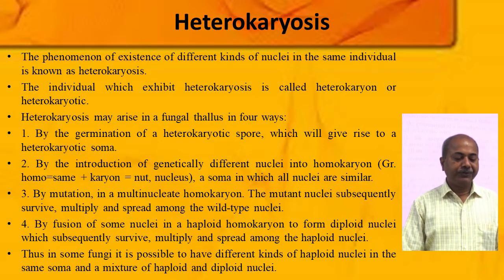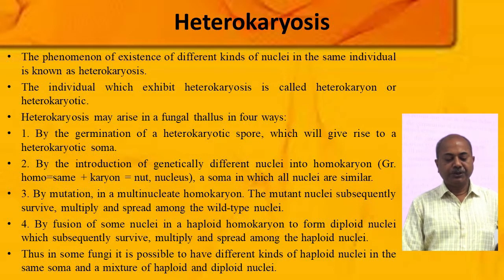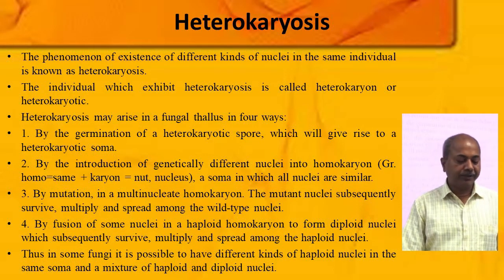And fourth, by fusion of some nuclei in a haploid homokaryon to form diploid nuclei, which subsequently survive, multiply and spread among the haploid nuclei. Thus, in some fungi, it is possible to have different kinds of haploid nuclei in the same soma and a mixture of haploid and diploid nuclei.